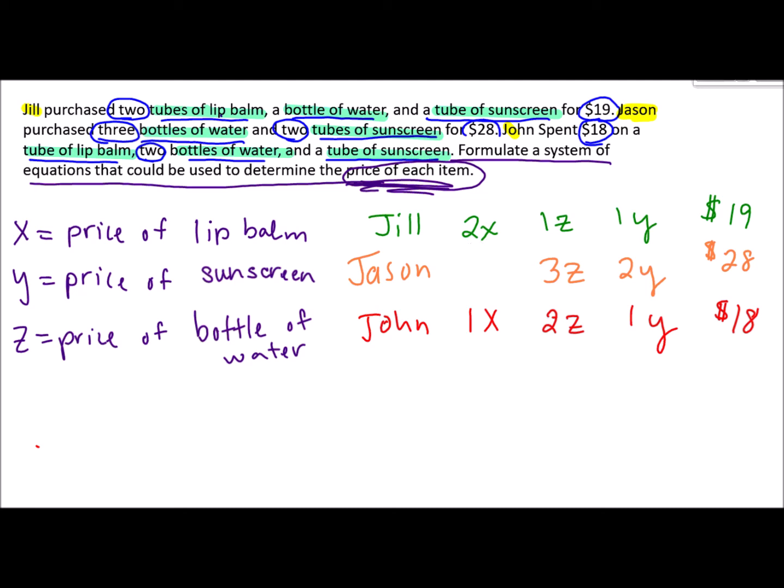So this calculation right here, that's the cost of Jill's 2 tubes of lip balm. This is the cost of Jill's 1 bottle of water and 1 tube of sunscreen. Altogether, they told us that that equals $19. And that becomes one of our equations.